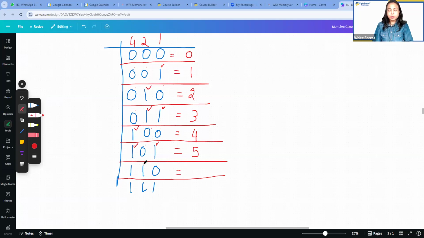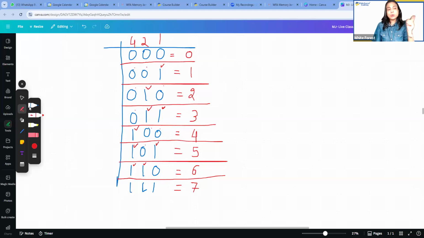There is a 1 in place of 2 and a 1 in place of 4, right? So what will be the number actually? It will be 4 plus 2, which is 6. And if it is 1 in all the 3 places, 1, 1, 1, it becomes 1 plus 2 plus 4, which is 7, right? This is the highest value.